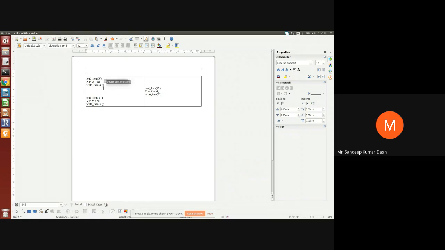Okay. This is T1, this is T2. Fine. I want to convert this into a serializable schedule. A serial schedule will be like this.